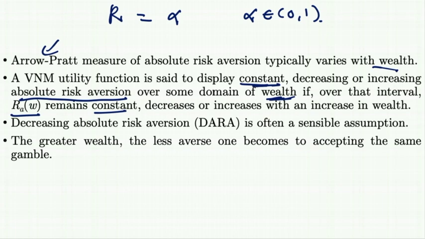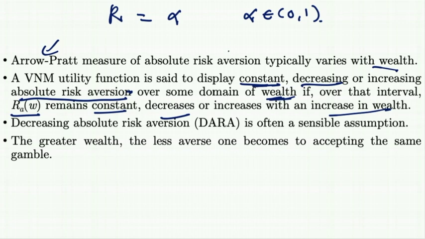On the other hand, if the absolute risk aversion is decreasing over some domain of wealth, then R here displays a negative relationship with the increase in wealth.